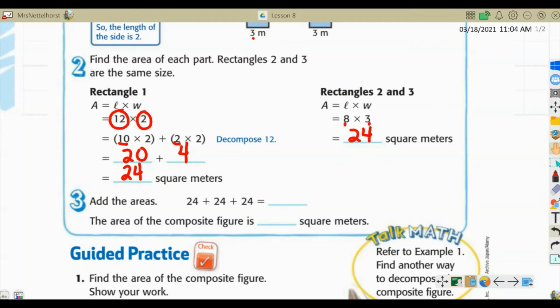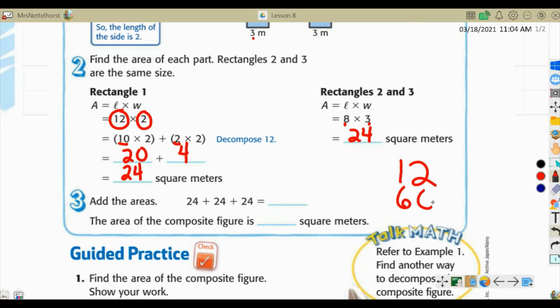Okay, so let's go down here and do part 3 of this. So we're going to add the areas. So we have 24 for rectangle A, 24 for rectangle B, and 24 for rectangle C. So I'm going to add these up. So 4 plus 4 plus 4, or 4 times 3 is 12. 20 plus 20 is 40, and 40 plus 20 is 60.